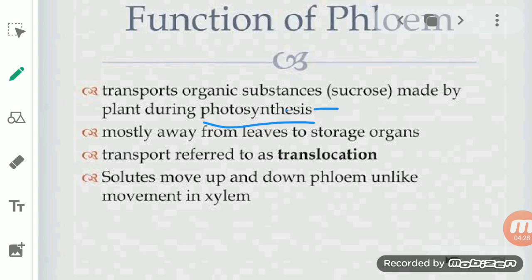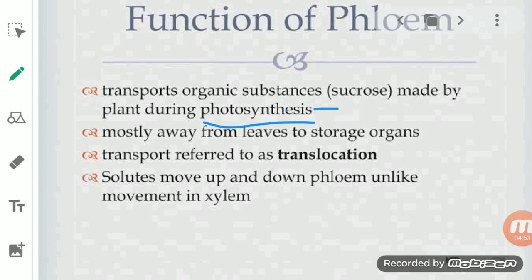That transportation of water and mineral from the root to the leaves is basically due to the transpiration pull. And the process in which the transportation of water and mineral from the root to the shoot takes place is known as transpiration, right?